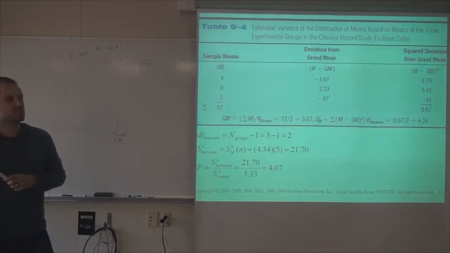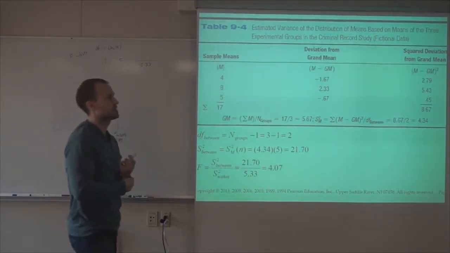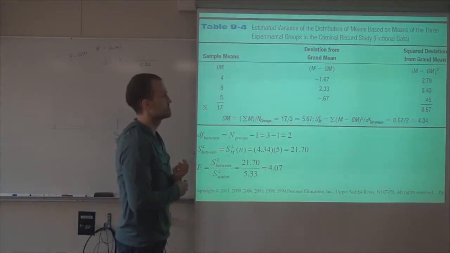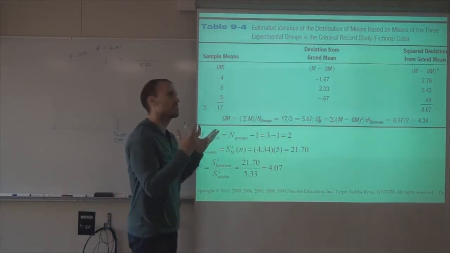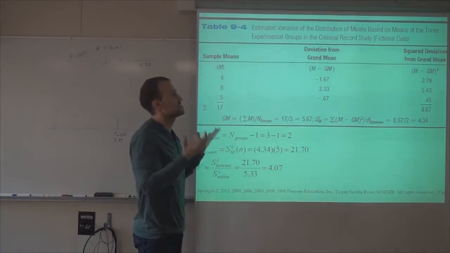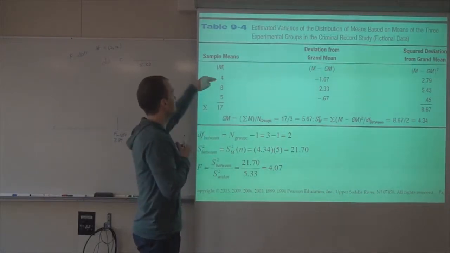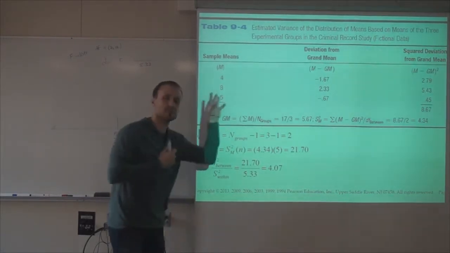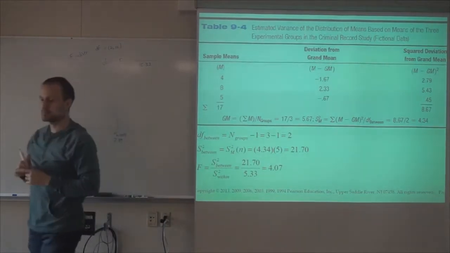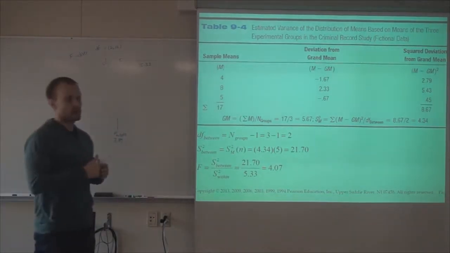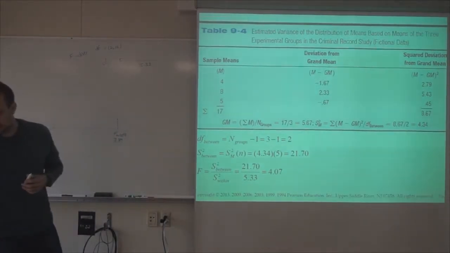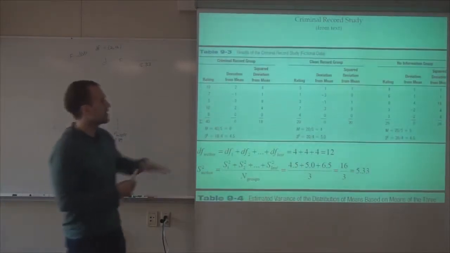Now, what do I do for the between groups variance estimate? Now I'm going to pretend it's a new sample, a different sample. What are the sample values? It's the means from each of my original samples. So I'm going to have 3 of them. A 4, an 8, and a 5.